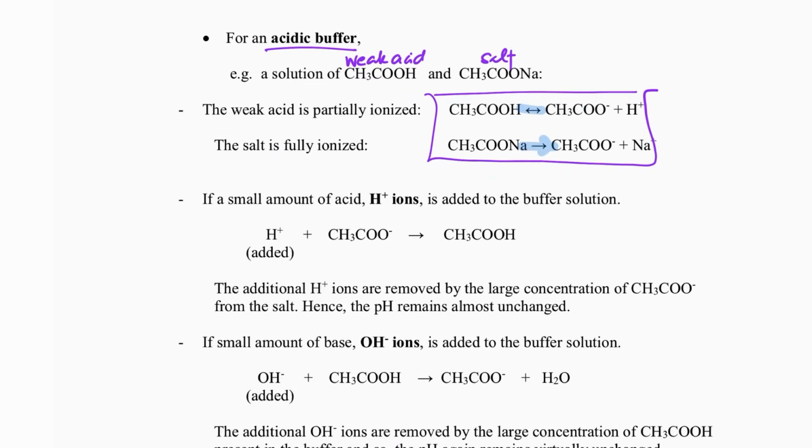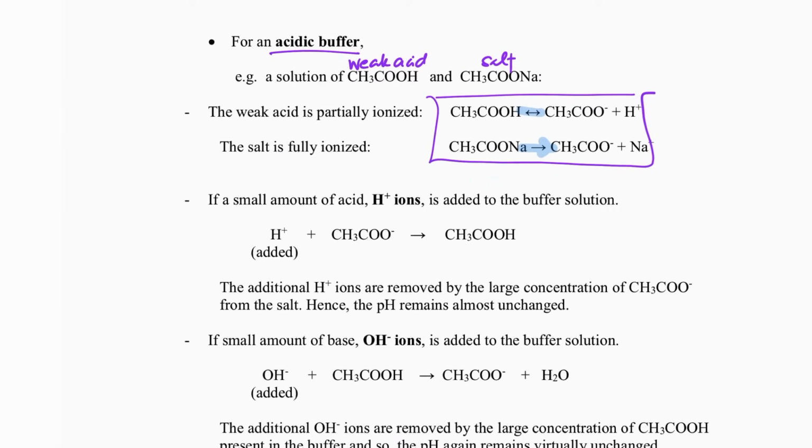In the mixture, the buffer must take the responsibility to get rid of the H+ or OH- added. So if there's H+ added, the buffer must react with it to maintain the pH.